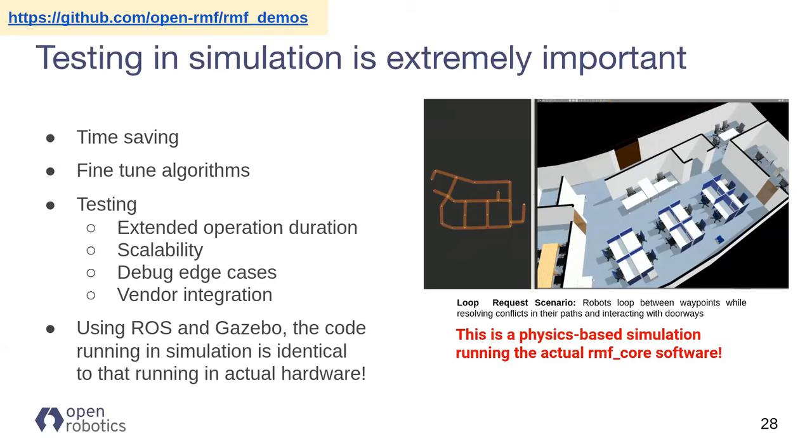In our case, we use ROS and we use Gazebo and Ignition, and in a matter of a few days we can just switch directly, and we've done it a couple of times already, switching RMF directly from our testing and simulation into the real world scenario, and everything works out of the box.